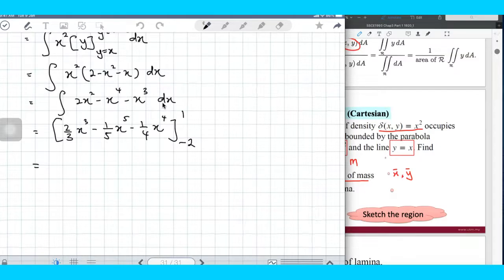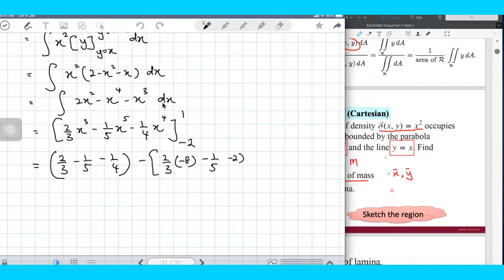Then we substitute: 2 over 3 minus 1 over 5 minus 1 over 4, minus 2 over 3 times minus 8, minus 1 over 5 times minus 2 to the power of 5, minus 1 over 4 times minus 2 to the power of 4.